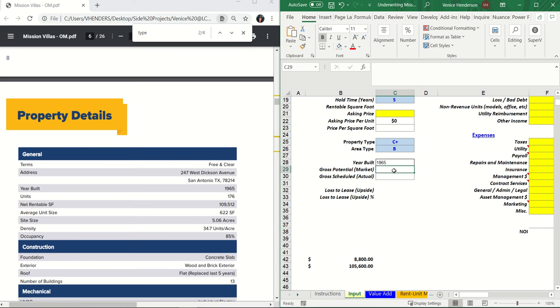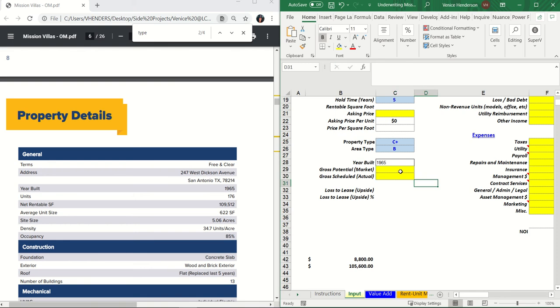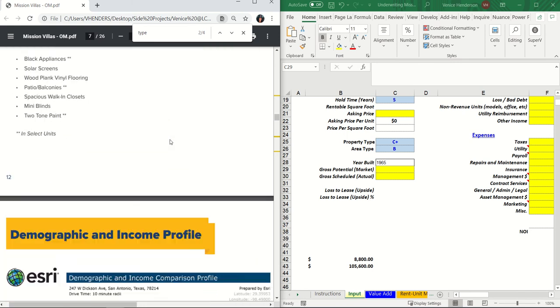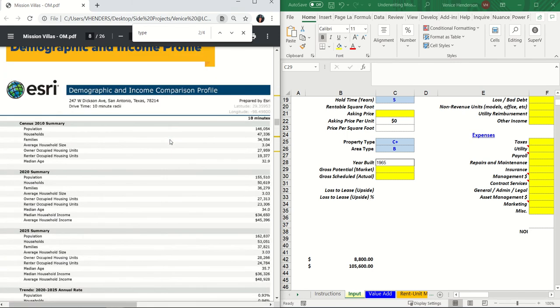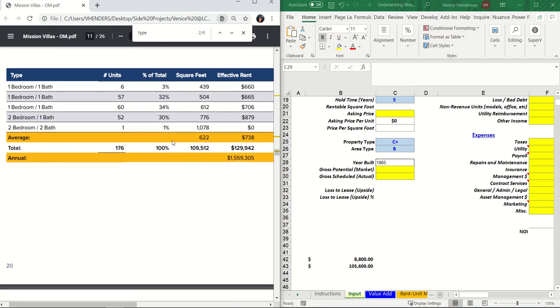In these fields, I did not adjust in our last setting. So I now know that I need to populate something here. So let's go ahead and look at the gross schedule actual rent. And I assume we're going to just use averages here. And then we're going to look at the market rent according to what they are saying. Okay.